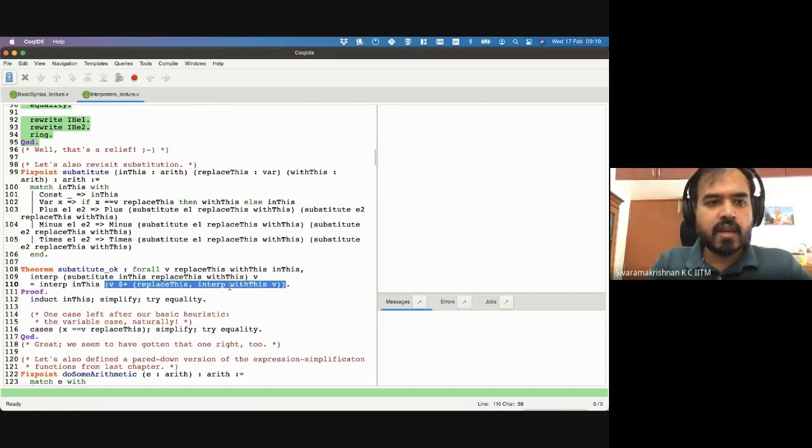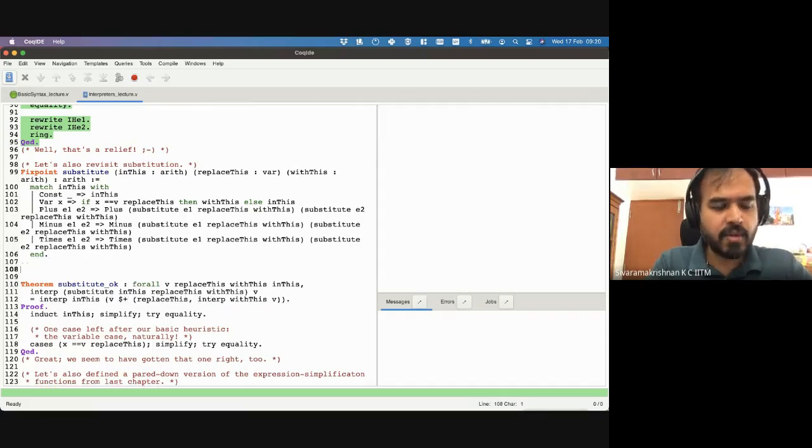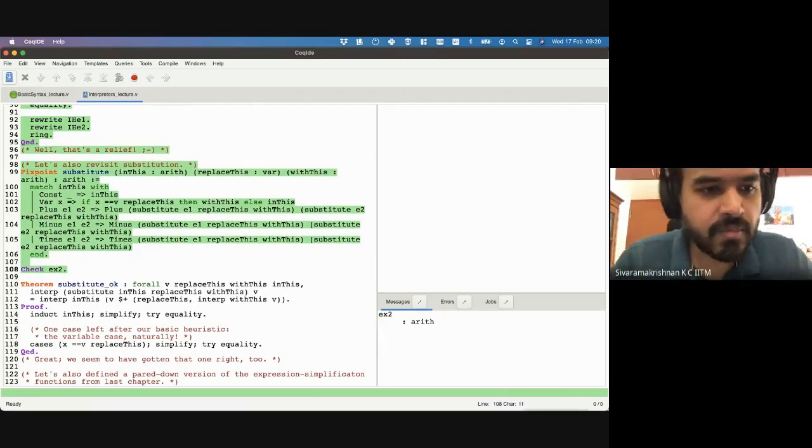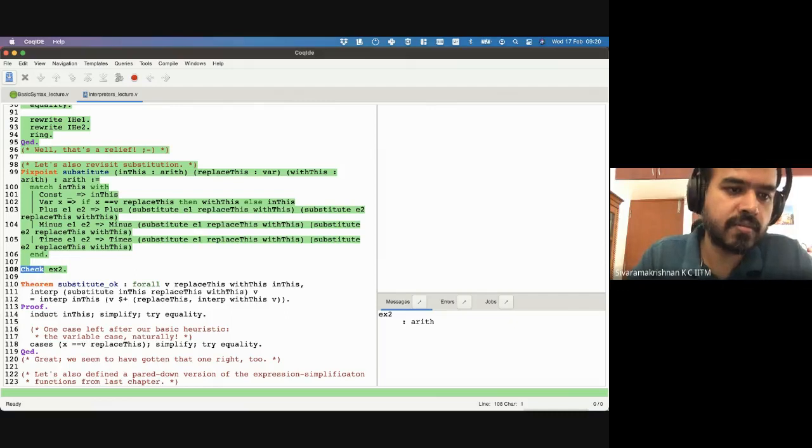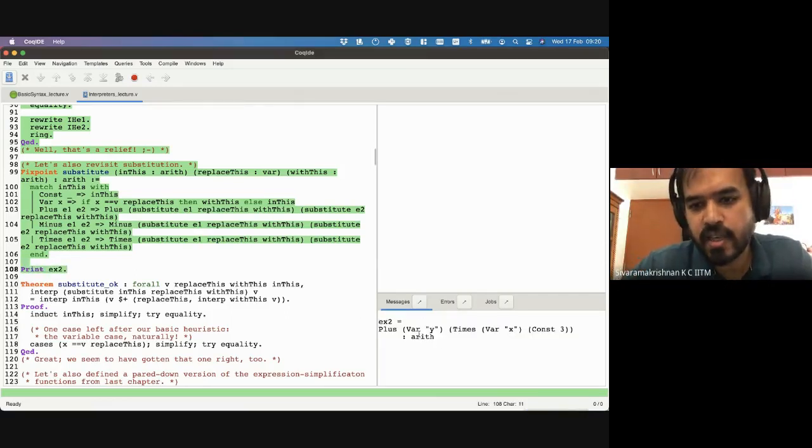Deepali wanted an example, so let me try to see. So we have example 2, ex2. Let's print ex2. So ex2 is y plus x times 3.